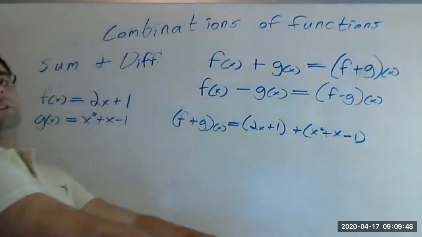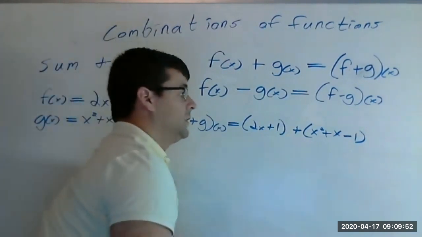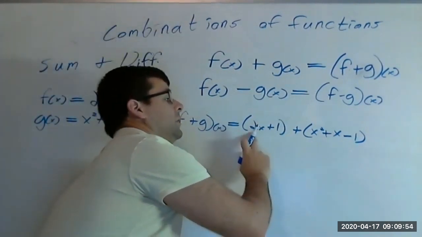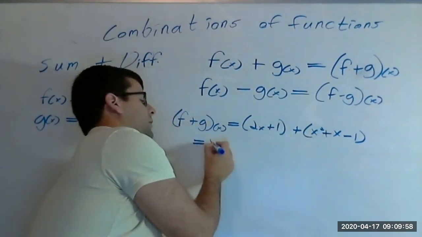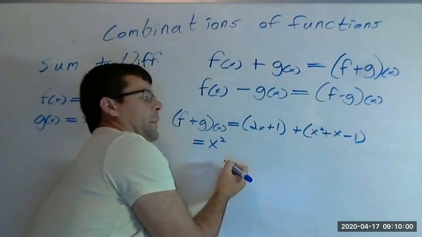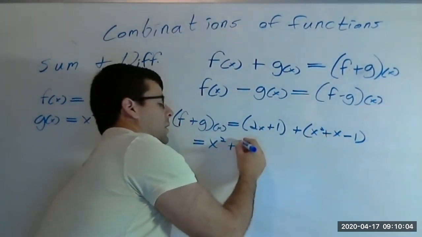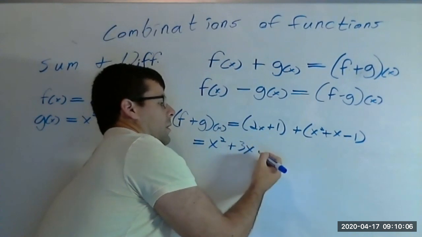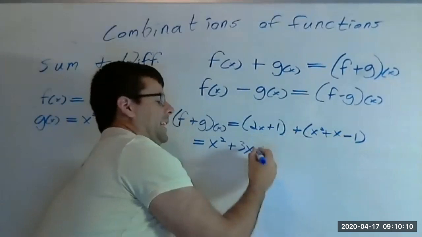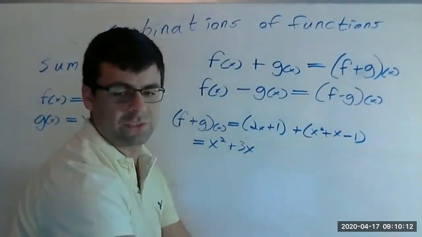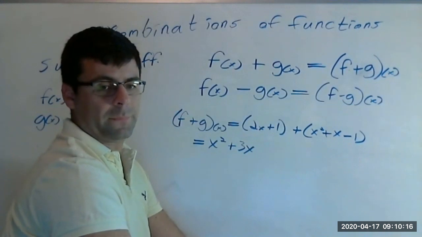So all we've done is plug them in, and then we simplify things. So x squared is by itself, so it doesn't combine with anything. We have a 2x and an x here. And we have a plus 1 and a negative 1, which cancels out to 0.